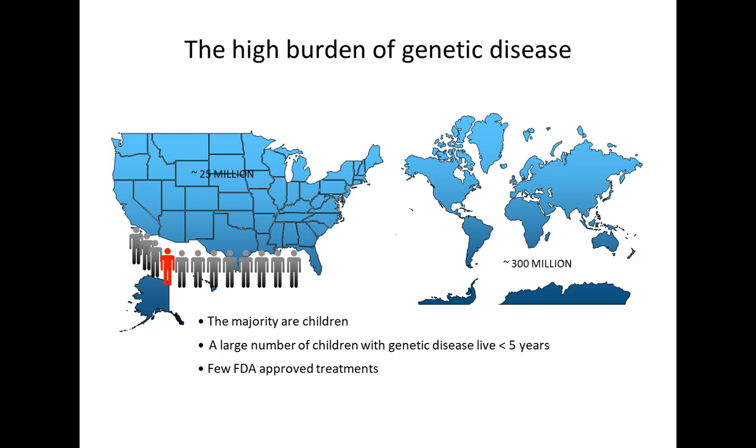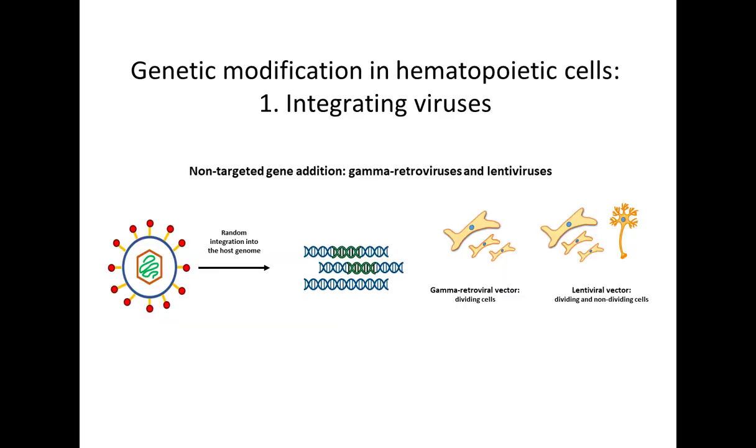There are millions of people affected in the United States, hundreds of millions worldwide. Many of these affected people are children, and a good number of these children will die of a genetic disease before the age of 5. And there are very few FDA-approved therapies, but even fewer therapies that are one-time or definitive, which is what I'm really interested in developing.